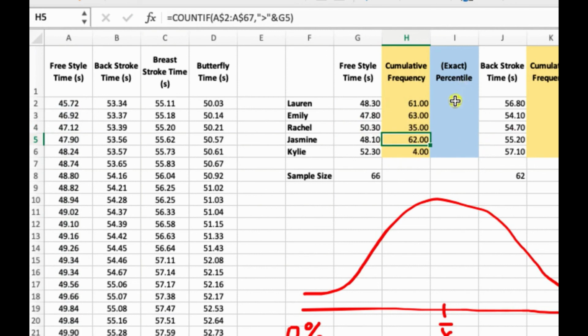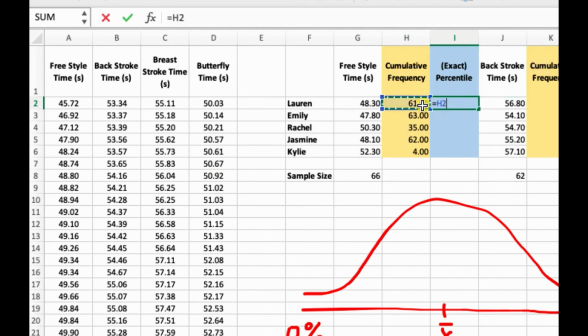Now we want to look at the percentile value, which is going to be the cumulative frequency divided by the sample size times 100.